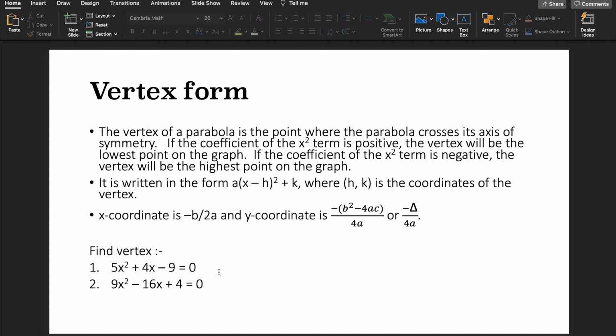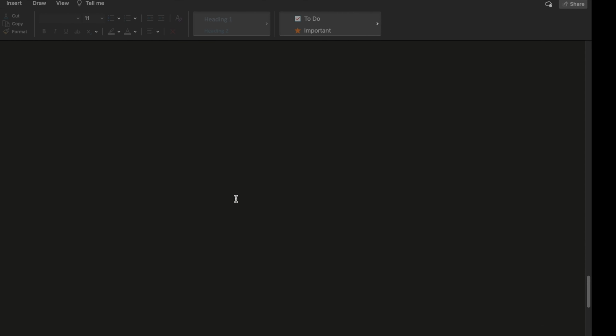Okay, as we discussed in completing the square, this is how you can write it. It's also known as the vertex form, a times (x minus h) whole squared plus k, where h and k are the coordinates of the vertex. The x coordinate is minus b by 2a, and the y coordinate is minus of (b squared minus 4ac) divided by 4a.